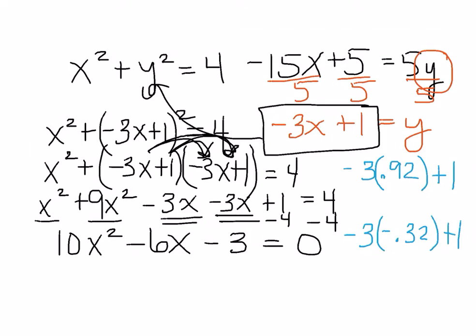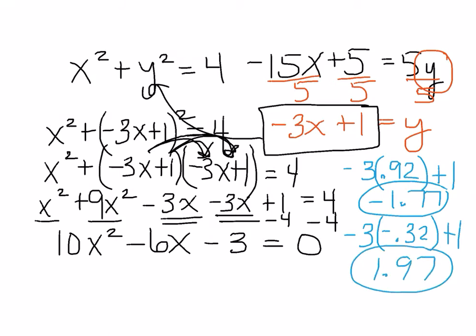When I put in the 0.92, it should come out to be -1.77 or something close to it. And the other one should be 1.97. Not very user-friendly numbers, I know that, but that's why you have a quadratic formula, or you have a graph.